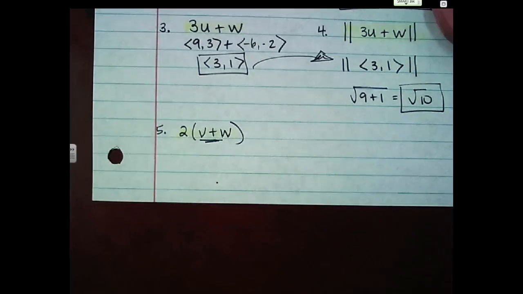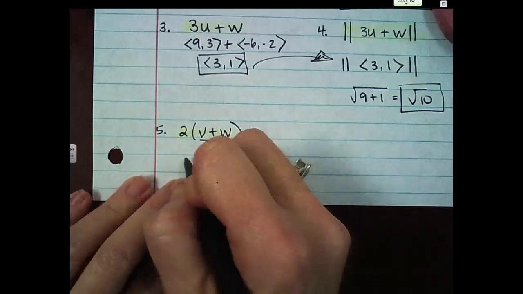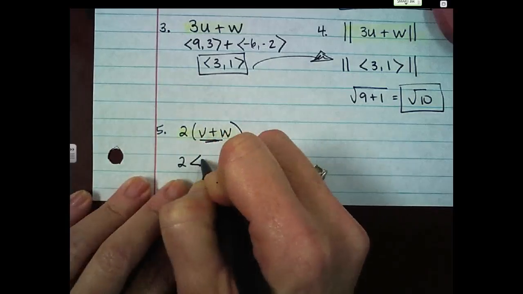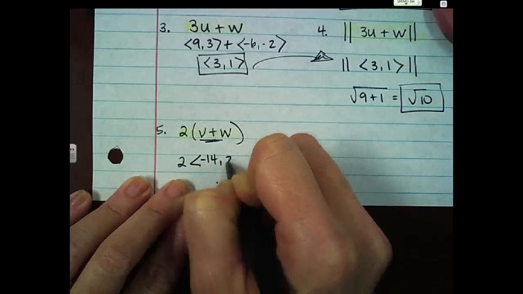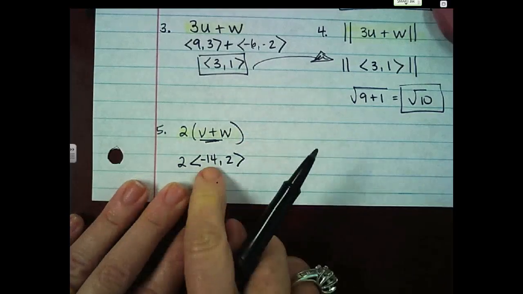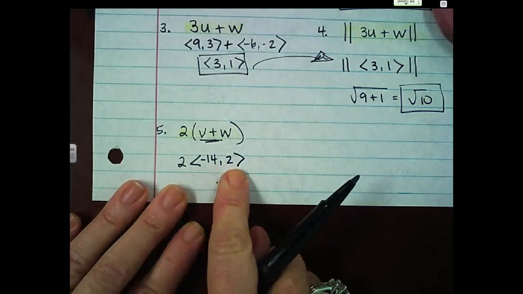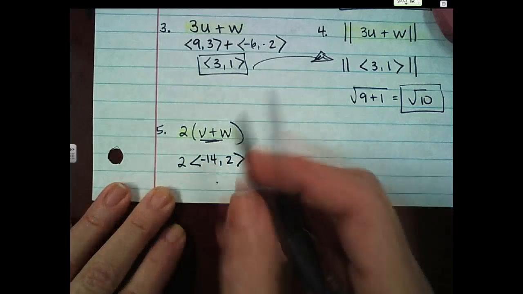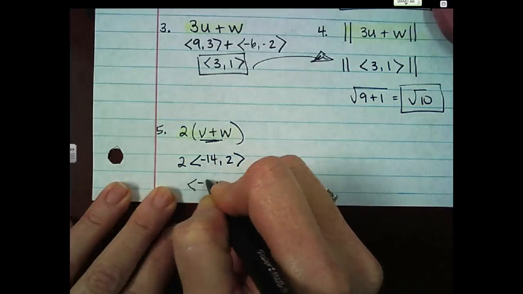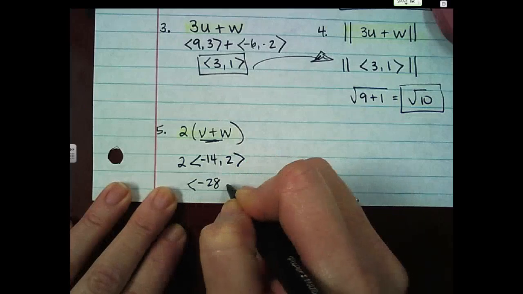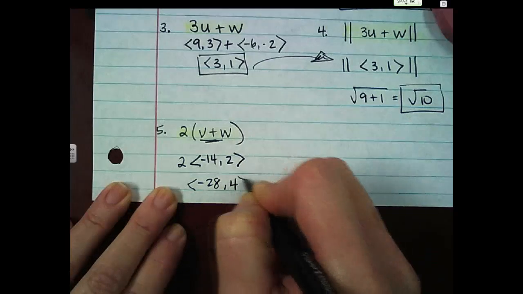So find v plus w, which would give me 2 times -14, 2. V plus w, the x value is -14, and the y value is 2. Now then you want 2 of those. You're going to do that twice. You're going to travel left 28 and right 4. I'm sorry, up 4.